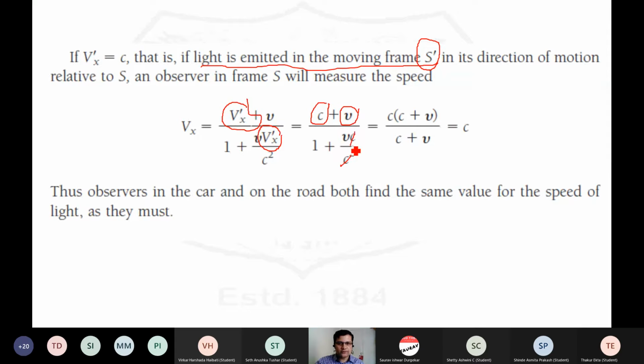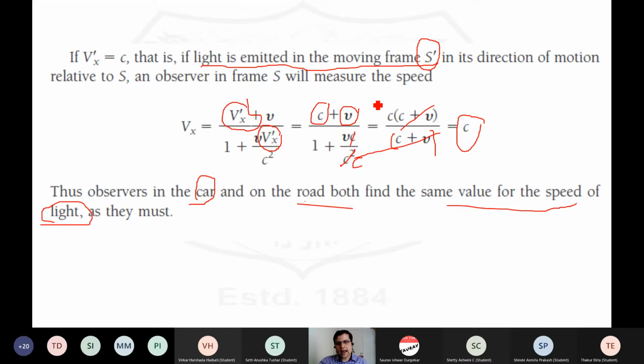So you just do the v by c over here, and you take c common out here, c plus v. Here also you take c common, so you will have c plus v. So you will have the simple relation coming out, c plus v is cancelled with the c plus v, and the observer on the road will see the speed of light is the same as the speed of light.